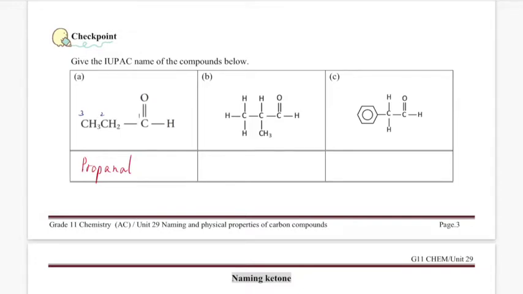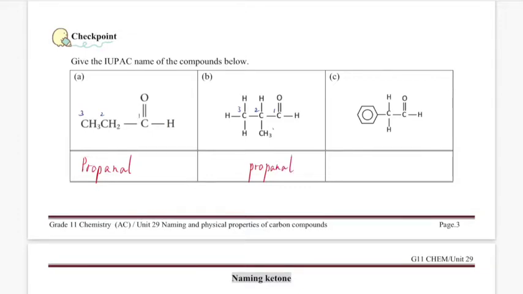Let's take a look at the second example. Carbon 1 is here, and then let's find the longest carbon chain, 2 and 3. So the longest carbon chain again has 3 carbons in it, so it should be propanal.